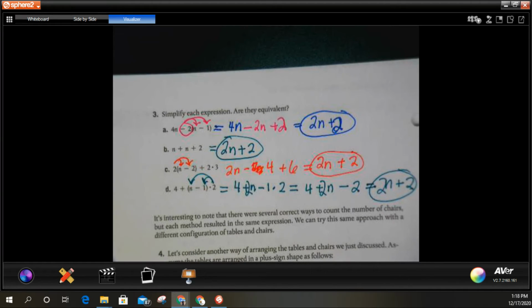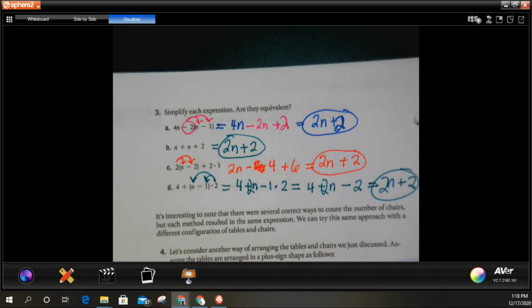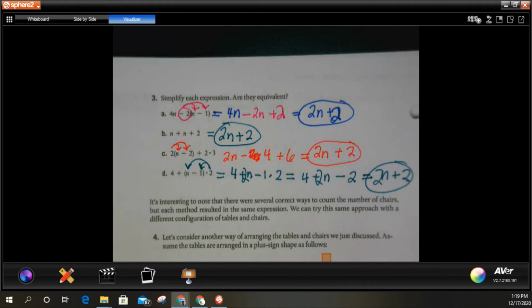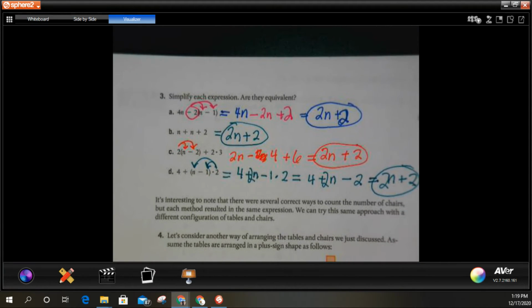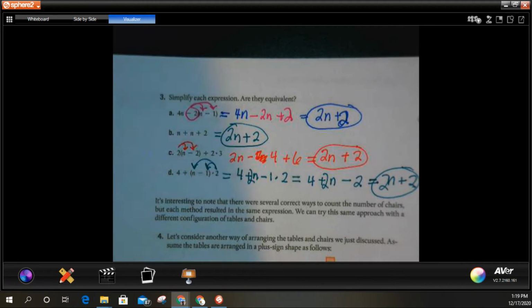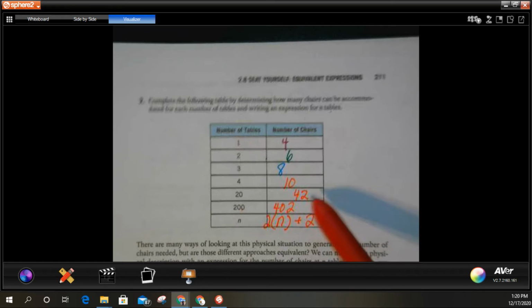Okay, so I'm thinking to myself, this doesn't make sense because in the previous problem, we had a consistent system here where it was linear. And this is not linear because the numbers for 2 chairs, for 3 chairs, and so on is not consistent from this figure to this figure to this figure.